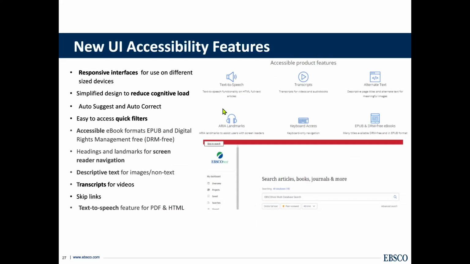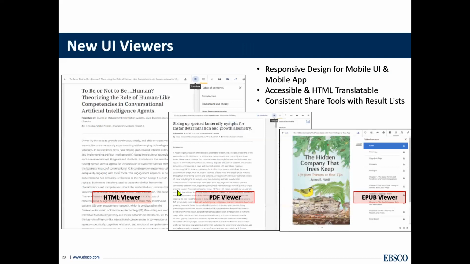Some of the new features you will see regarding accessibility include responsive interfaces, the simplified design to reduce cognitive load, quick filters, accessible formats, screen reader navigation, descriptive text for images and non-text elements, transcripts for videos, text to speech, not only for HTML, but PDF. Great features have come with this new UI. You will find consistency across all of our viewers, whether you're viewing full text in HTML or PDF, or even in our EPUB format for ebooks.